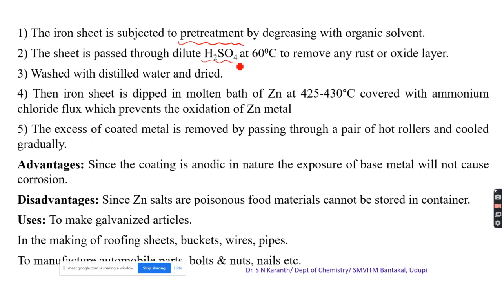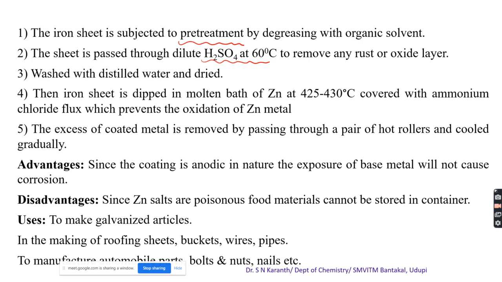You may or may not maintain a temperature of 60 degrees. Maintaining 60 degrees is necessary when the thickness of the extraneous deposition is very high. Then to remove that, you have to maintain a temperature of about 60 degrees. Otherwise, just dipping in dilute sulfuric acid is sufficient to remove any rust or oxide layer. Then it is washed with distilled water and then air dried.